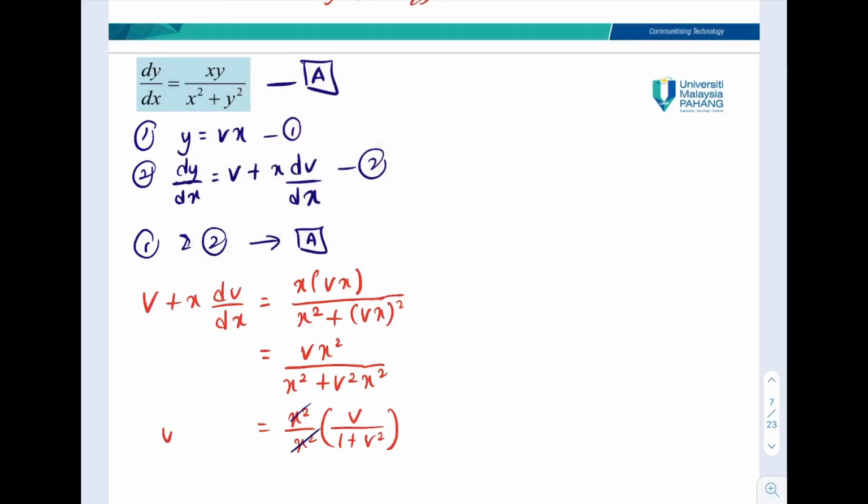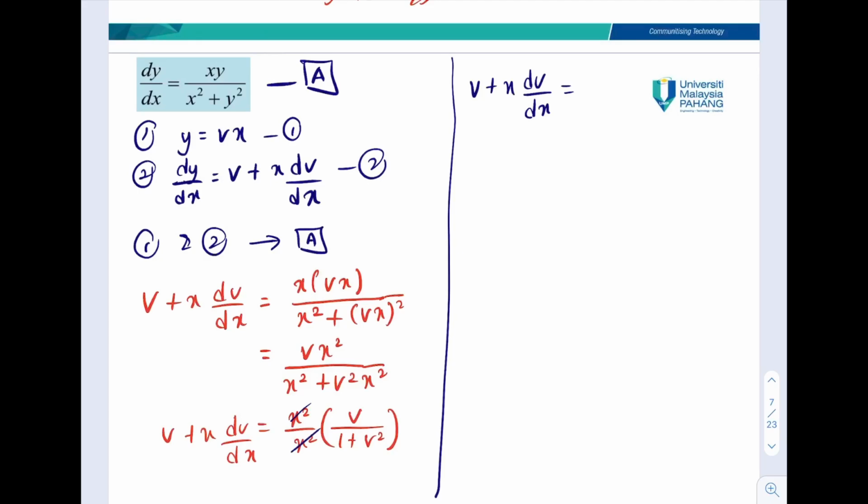So I will copy back this one: v plus x dv/dx equals v over 1 plus v squared. I believe everybody knows what to do next.